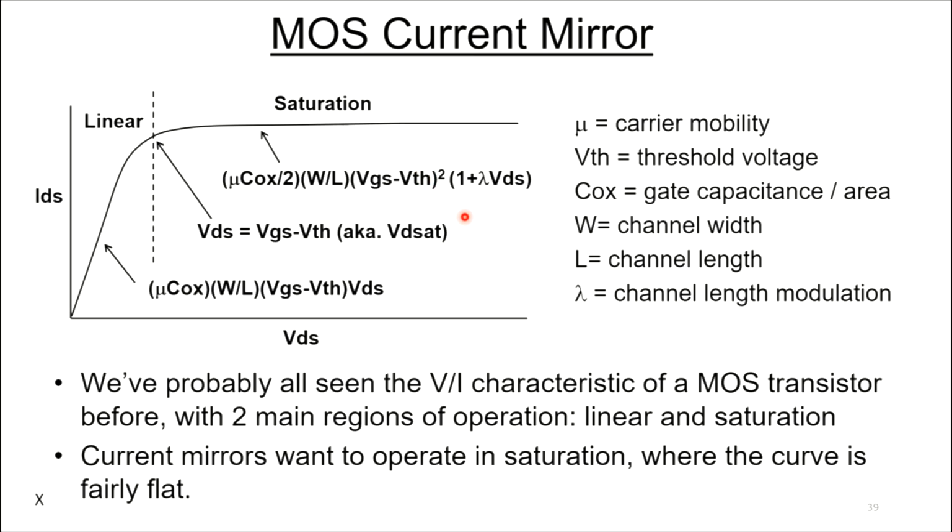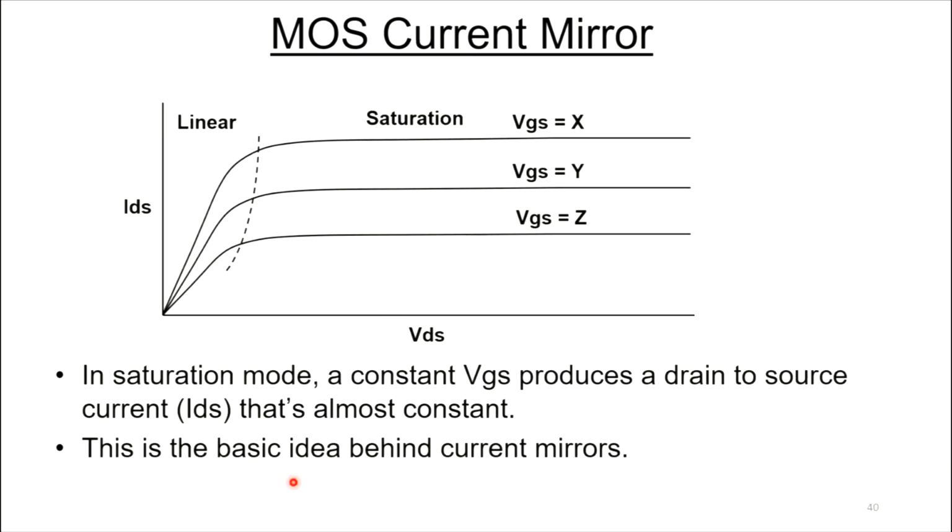Okay, so current mirrors want to operate up here in the saturation region. You want to stay away from linear. You want to stay up in saturation, and I'll show you why in just a minute. In saturation mode, a constant VGS, which is what you're going to get out of that mirror structure, produces a drain to source current that's almost constant for a wide range of drain to source voltages.